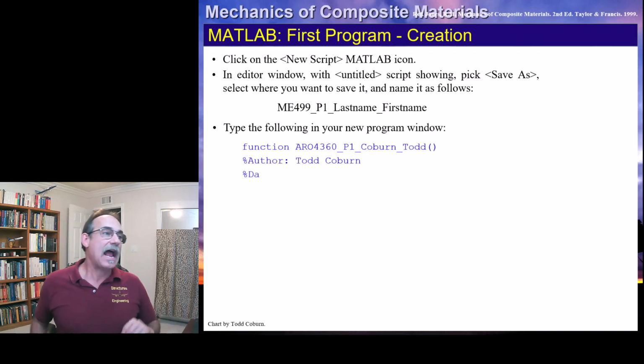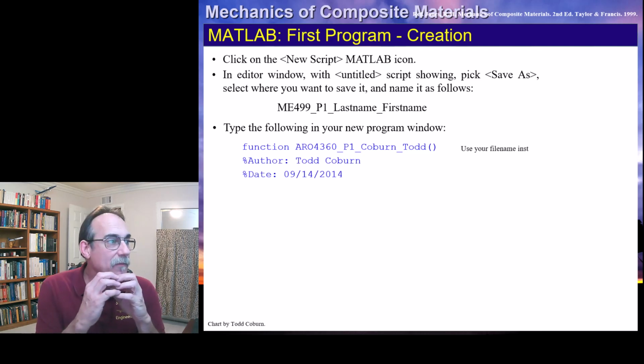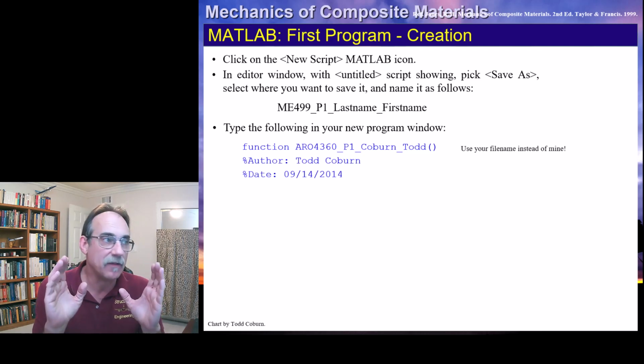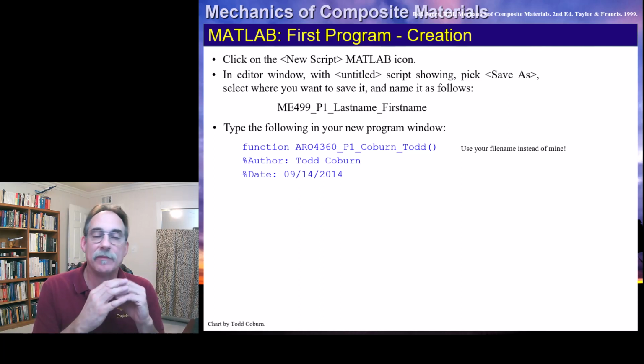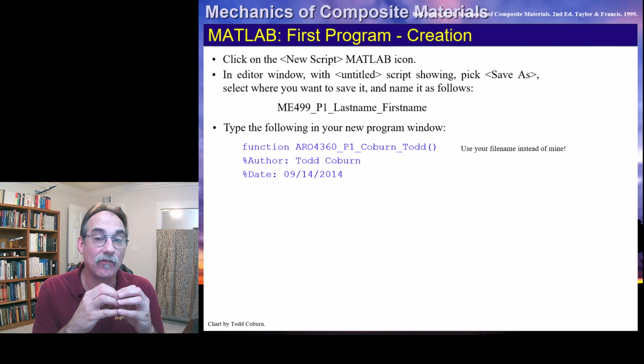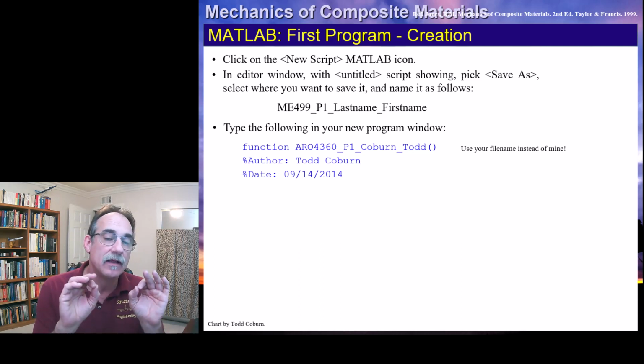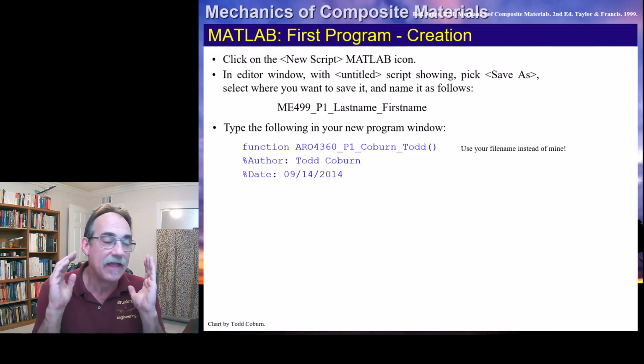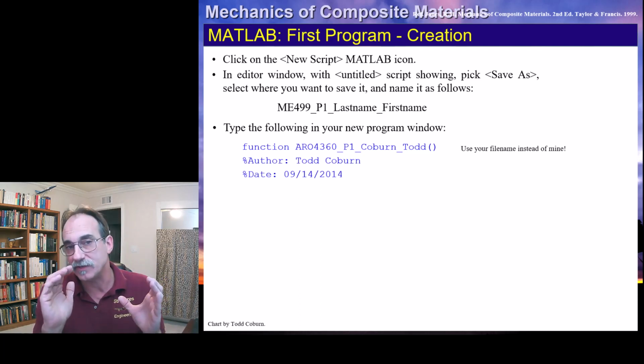Now you're going to make a couple commands. The function command should go at the top of every program. Now you can actually get away with a lot of sloppiness with MATLAB. MATLAB is very powerful, but you're going to want to get in the habit of always calling out the function command, and then the name, and then open and close parentheses.